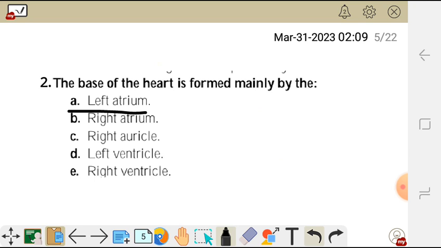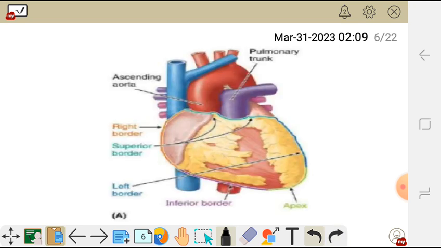atrium. In this diagram here we have the borders of the heart. We have the right border, the left border, the apex, and the superior border.